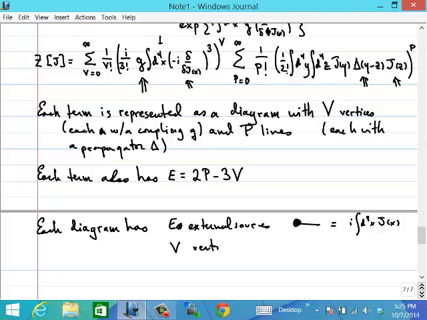It'll have v vertices represented by a trivalent vertex for a cubic theory, which is ig, and we have to integrate over the location of the vertex, which I'll call x here, and we have p propagators. So each of those I'll represent by a line, which is just going to be the propagator between the 2 points, the 2 endpoints of the line, which I'll call x and y.